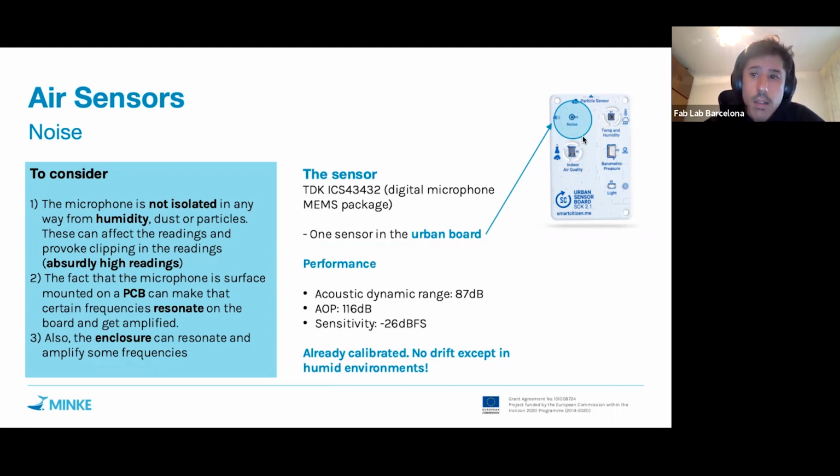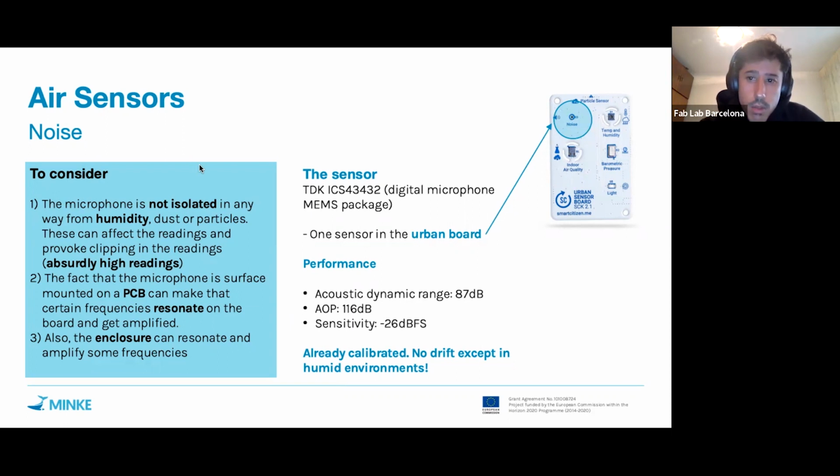The enclosure can act like a resonator and generate other frequencies or amplify some frequencies that we're capturing, which means that even if the sensor is calibrated, it is not considered a class 1 or class 2 microphone. Even if we aimed for a class 2 microphone, we didn't calibrate it in each of the different scenarios. And of course, it will have its limitations.